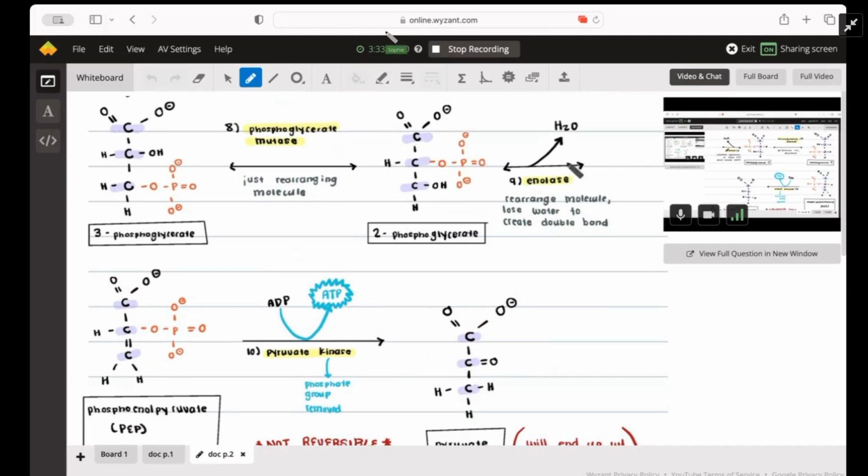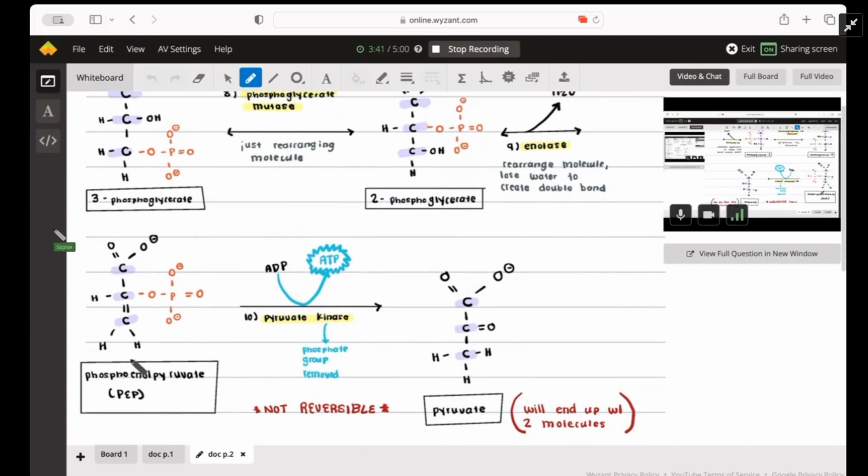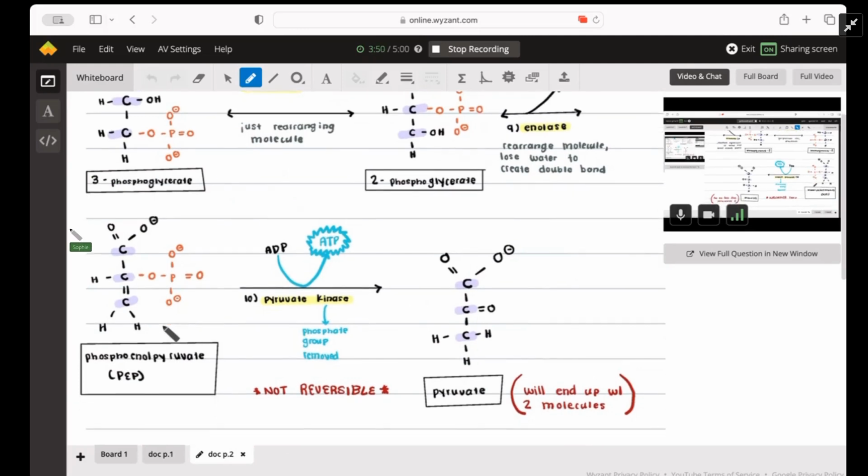Then we have enolase, and enolase is going to remove a molecule of water to essentially create this carbon double bond. And double bonds are less stable than single bonds because they're shorter. So now we have a double bond and a phosphate group in close proximity. So phosphoenolpyruvate is a molecule that's pretty unstable.